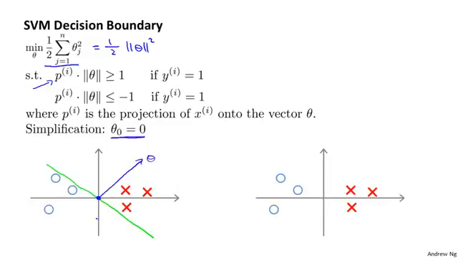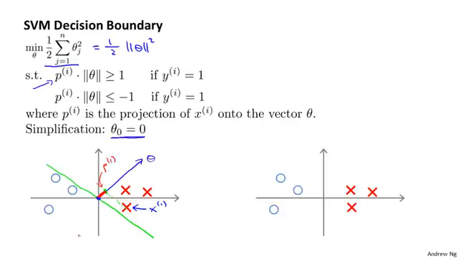So now let's look at what this implies for the optimization objective. Let's say that this example here is my first example, x1. If we look at the projection of this example onto my parameter theta, that's the projection, and that little red line segment is equal to P1.